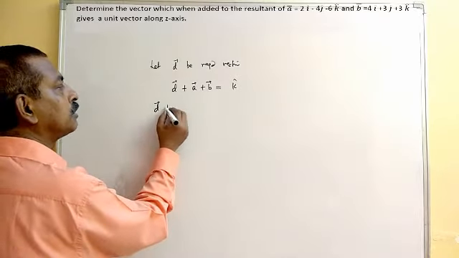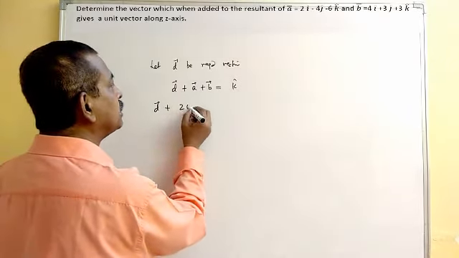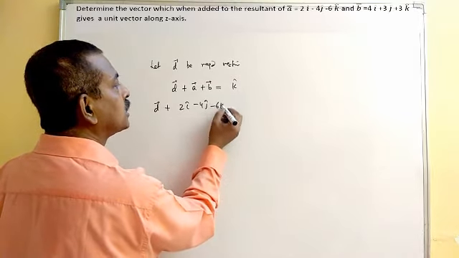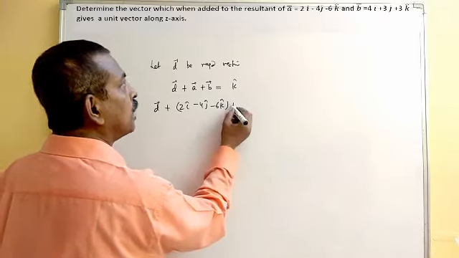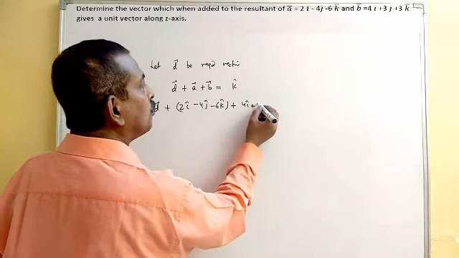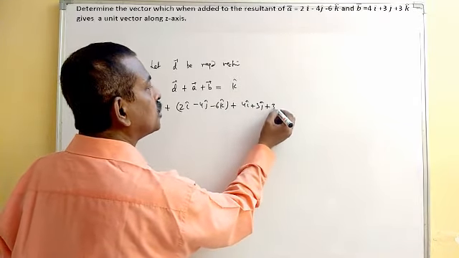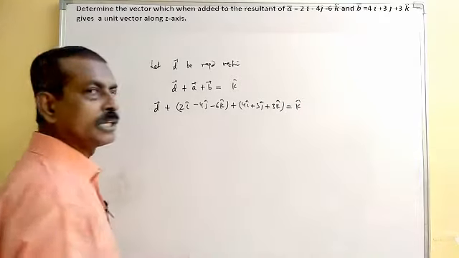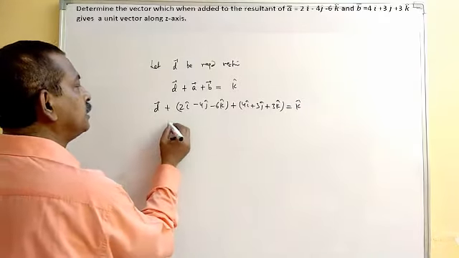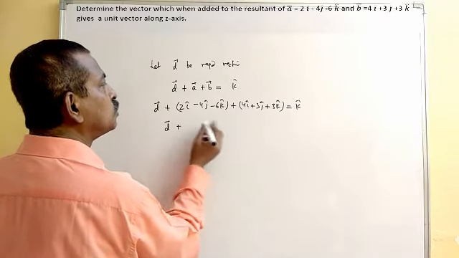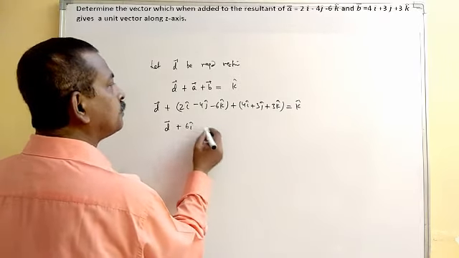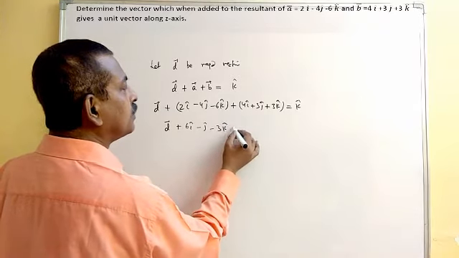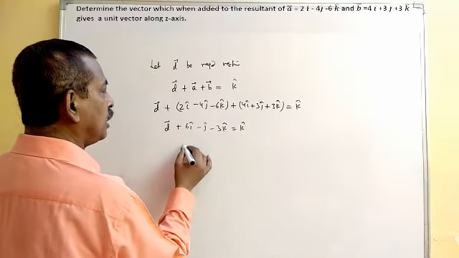So it is your D vector plus vector A, 2i minus 4j minus 6k plus 4i plus 3j plus 3k. And this will be how much? This is your vector k. So vector D, plus 6i minus j minus 3k equals k.